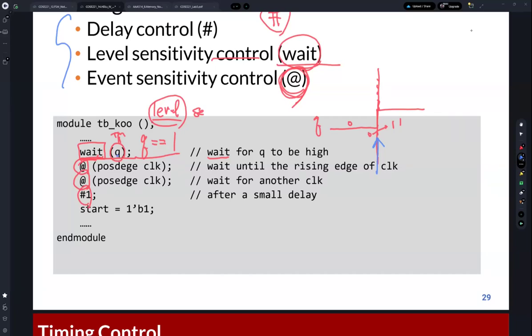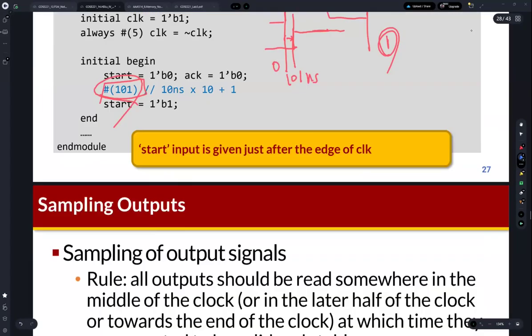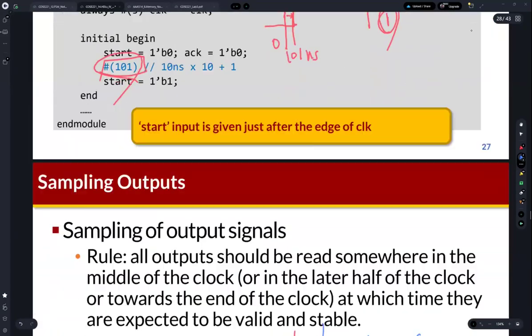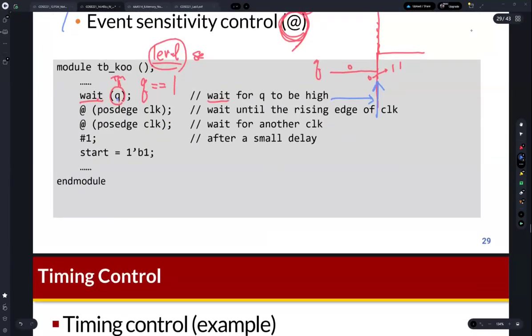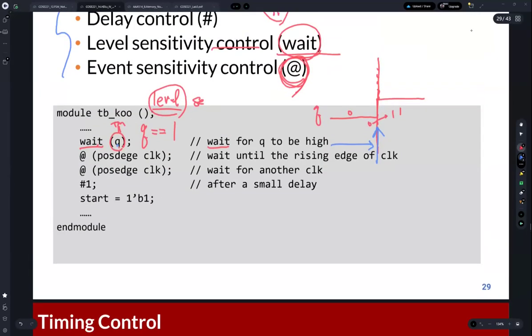Do you understand? So we wait here, and then you can also find the at sign here: at positive edge clock. We are familiar with this representation, right? In the always statement, we frequently observe the same representation.